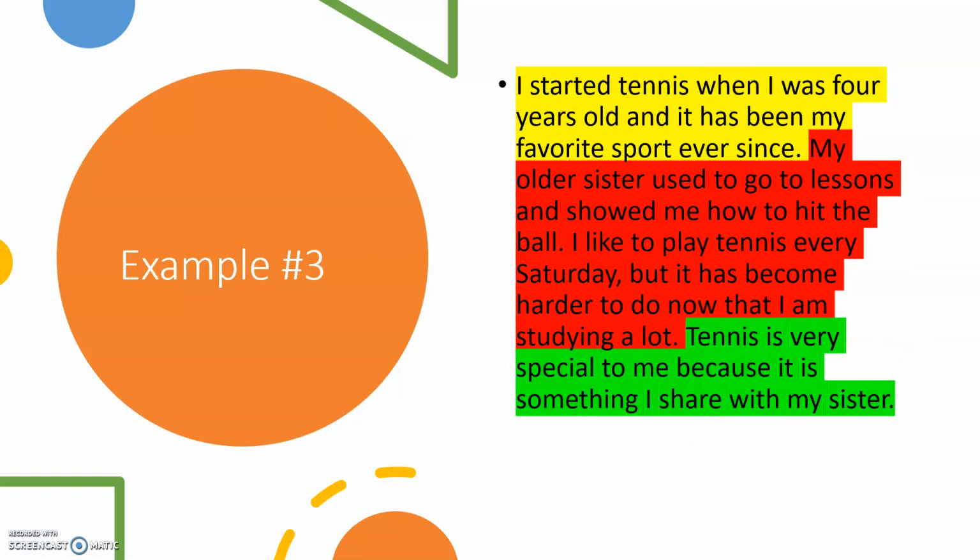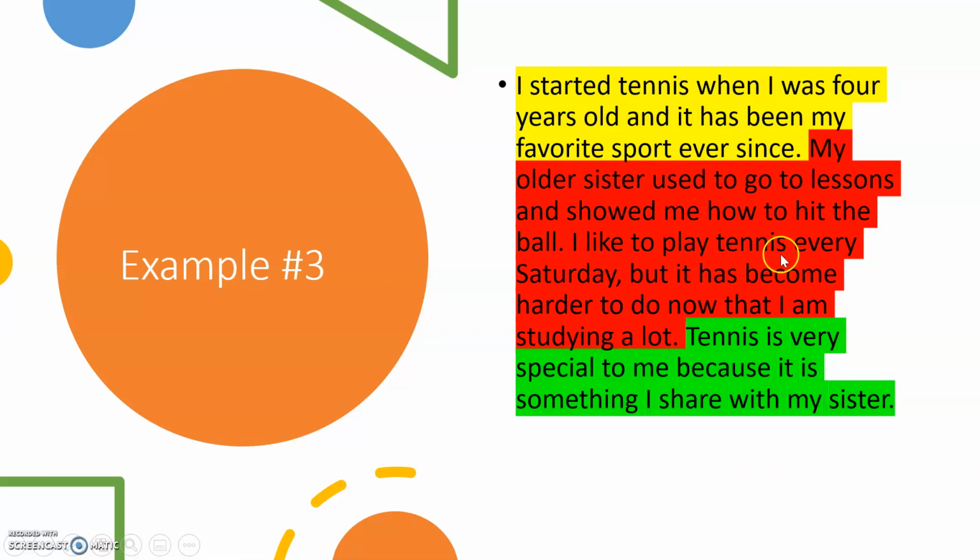In this next example, the topic sentence is, "I started tennis when I was 4 years old, and it has been my favorite sport ever since." So we know that this paragraph is going to be about tennis and how this person really likes tennis. It's their favorite sport. "My older sister used to go to lessons and showed me how to hit the ball.